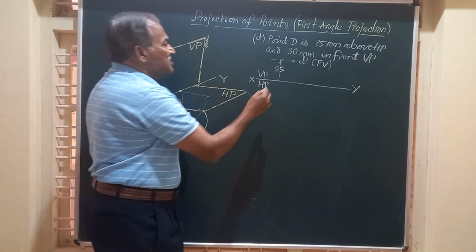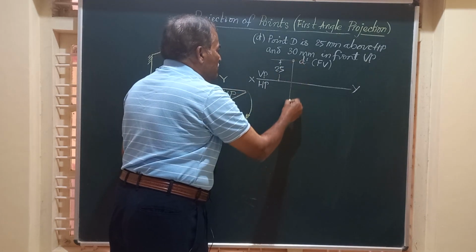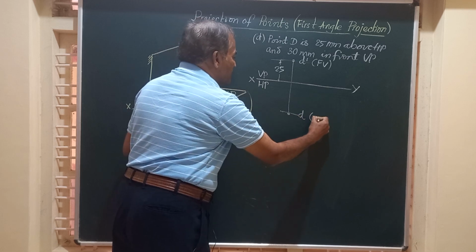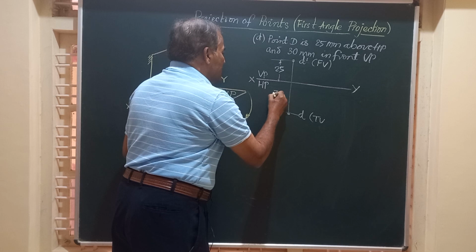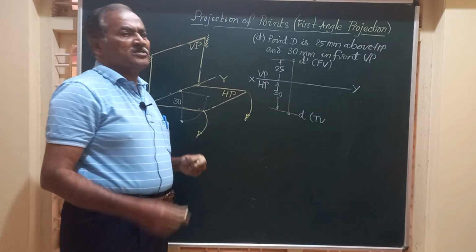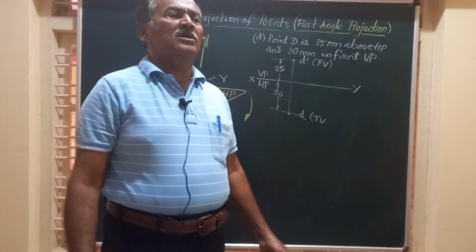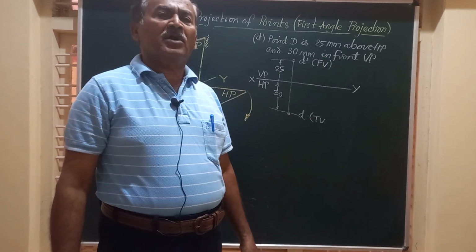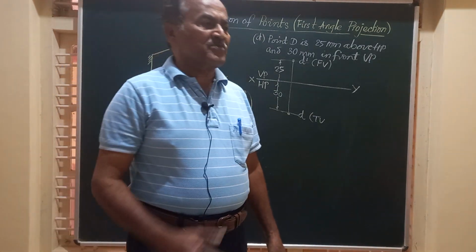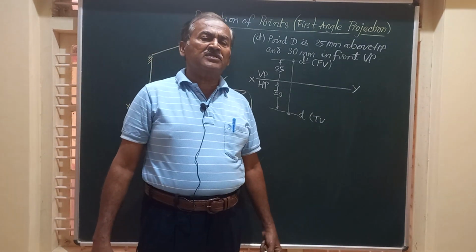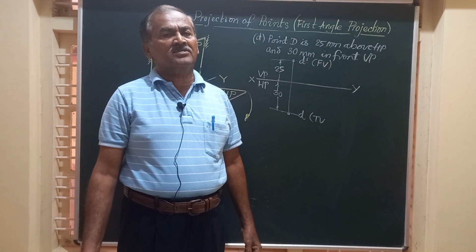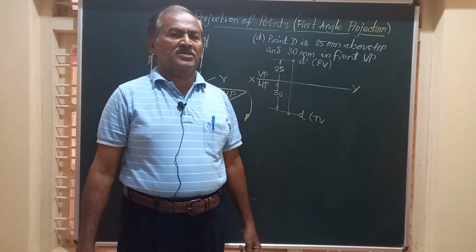So on this line through this D dash, you mark a point D, the top view of that, at a distance of 30 millimeter from VP or in front of VP. So friends, these are the 4 important points or the locations for any point lying in the first quadrant. Friends, remember, this projection of points is a prerequisite to study the problems on projection of lines, planes, solids, etc.